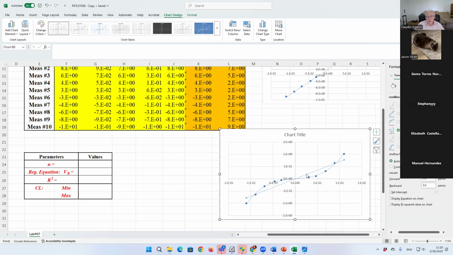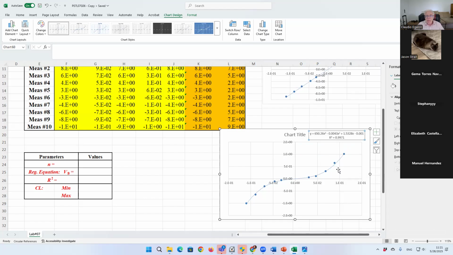That was the linear regression, right? Now I'm going to erase it from here. And we also want to display the equation on the chart and display the R-square value.